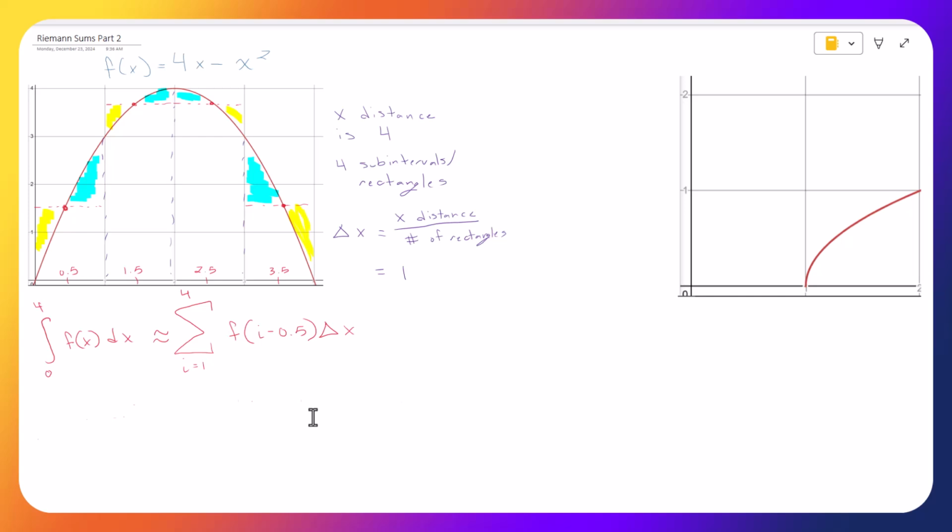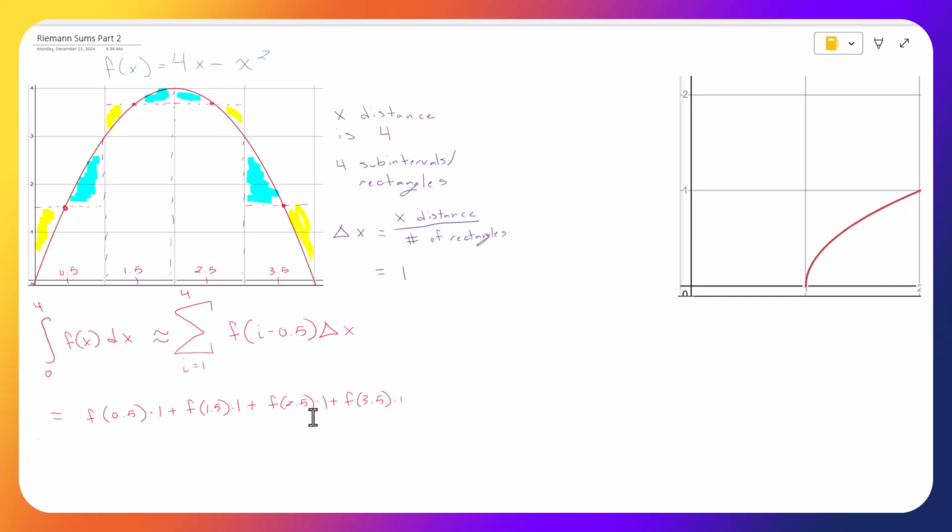And that's going to give us all of our rectangles, and I'll denote this as the area of rectangle 1, the area of rectangle 2, area of rectangle 3, the area of rectangle 4.